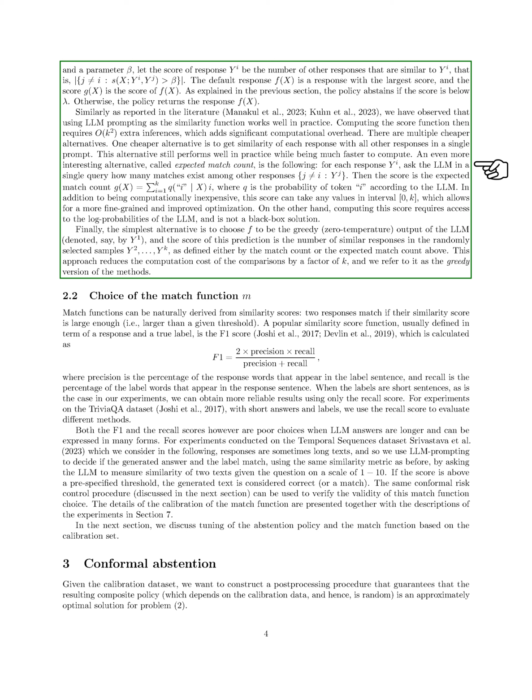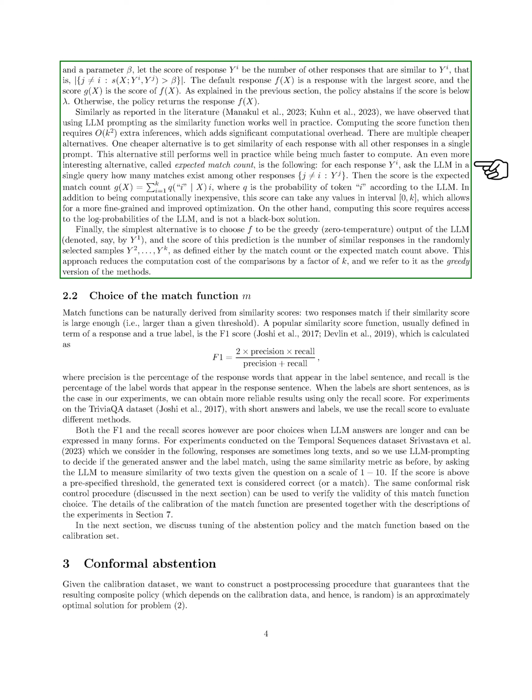The default response F(X) is the one with the highest score, and the score G(X) is the score of F(X). If the score is below a certain threshold lambda, the policy abstains. Otherwise, it returns the response F(X).